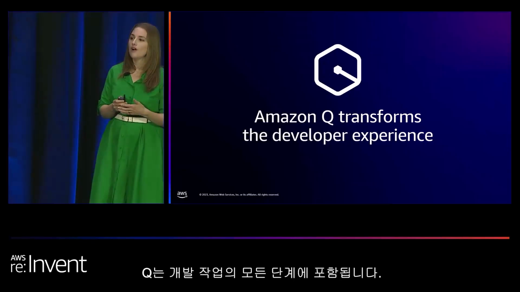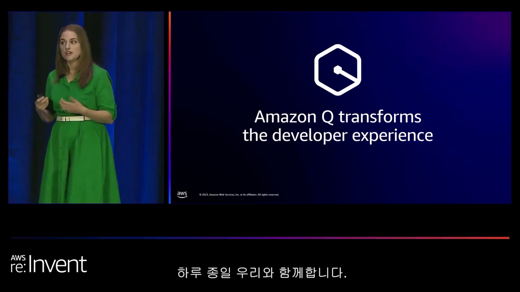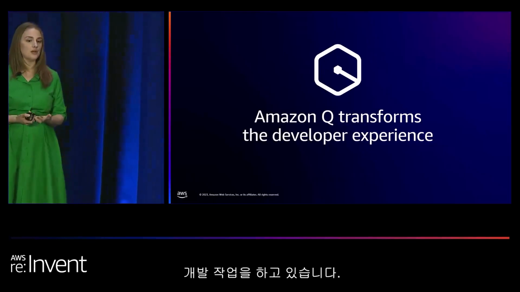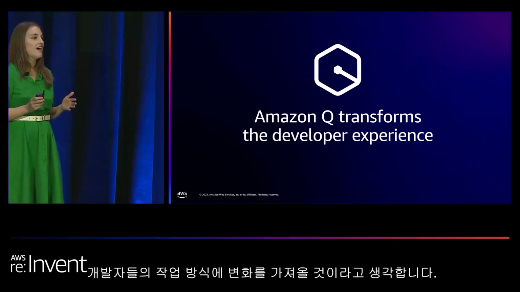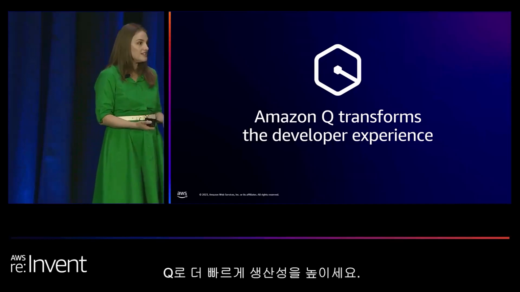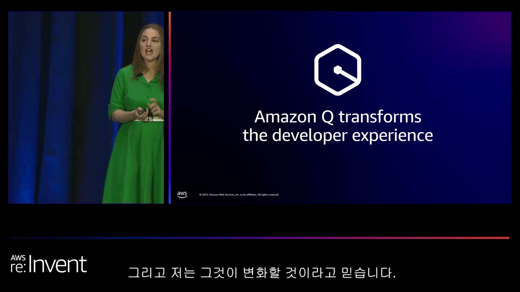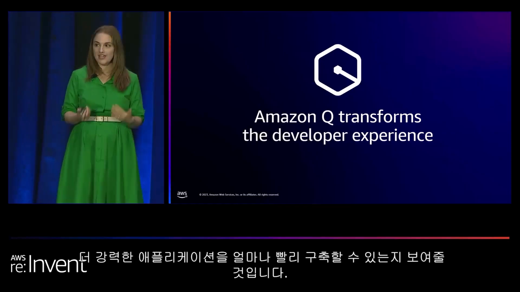Q will become part of all the phases of development tasks and be with us throughout the day as we're doing our development work. I think it will transform the way that developers onboard to teams and ramp up and become productive faster with Q. And I believe that it will transform how quickly we can build more powerful applications with Q.